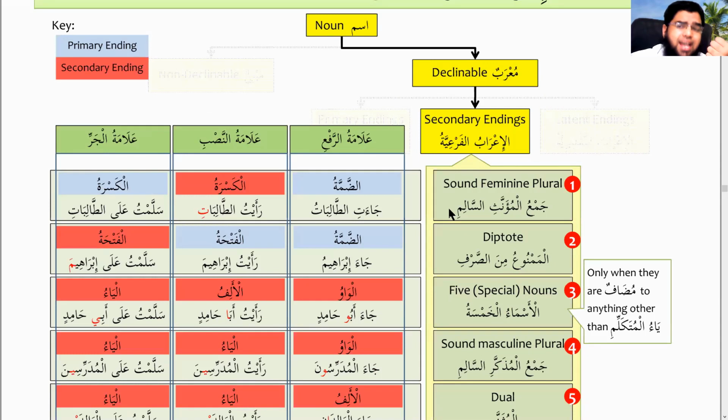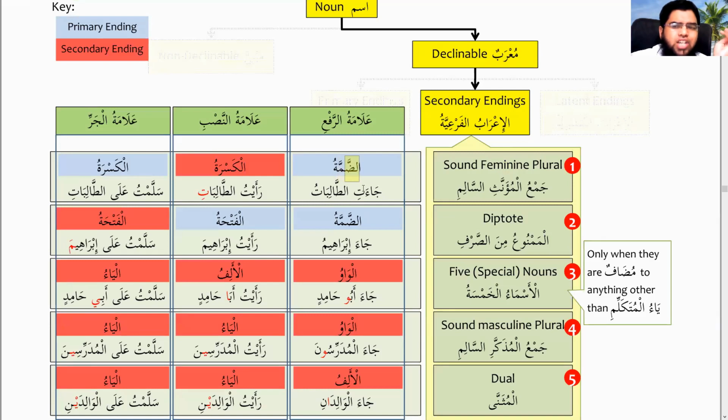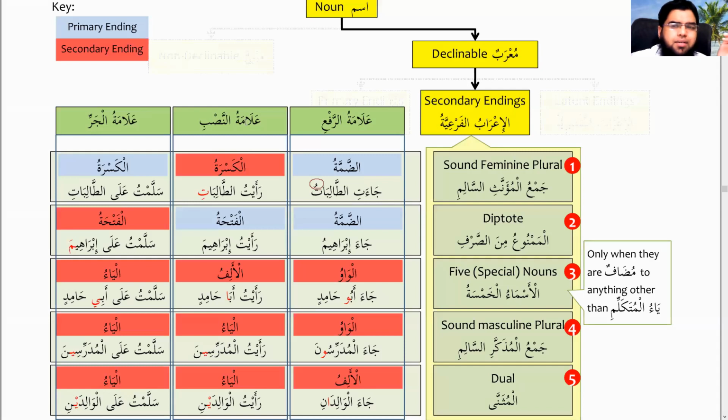First, Jamu Muannas Salim, far'iyya. How does it become marfu? Same, asliya only, with damma. Ja'ati talibatu. See, how do you know it's marfu? Damma, clear. But alamatu nasbi, ra'aytu talibati. I read a post asking why they give kasra.